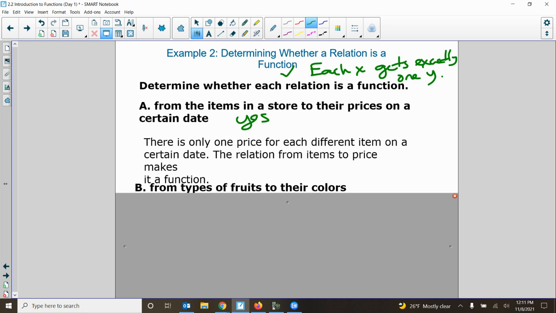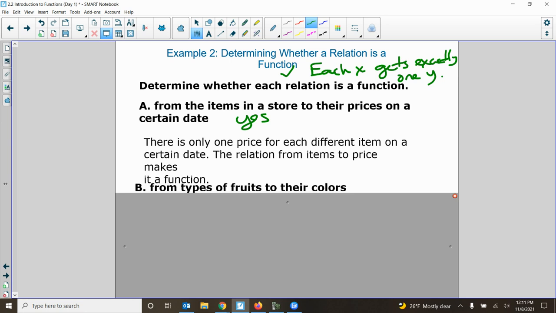Like strawberries and apples. Can strawberries go to red and apples go to red? Is that okay? That is okay. A y can have multiple x's. The x's can only have one y.